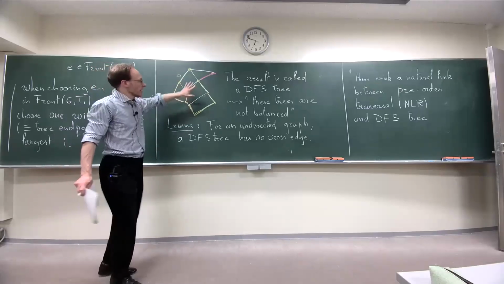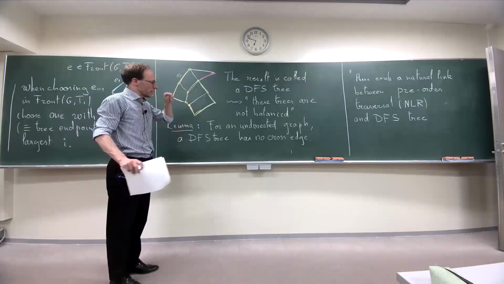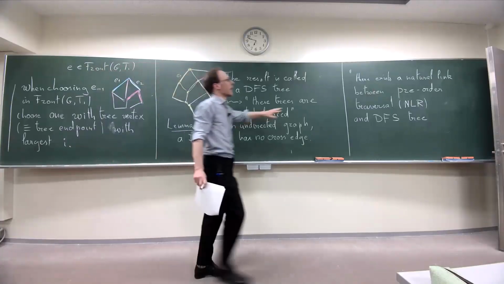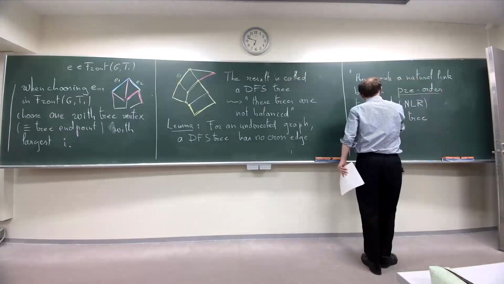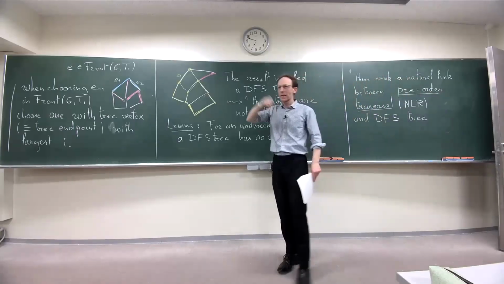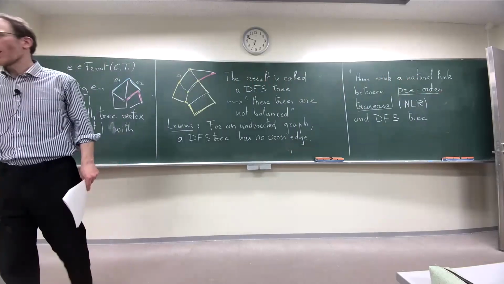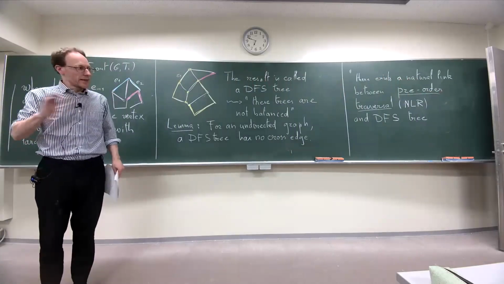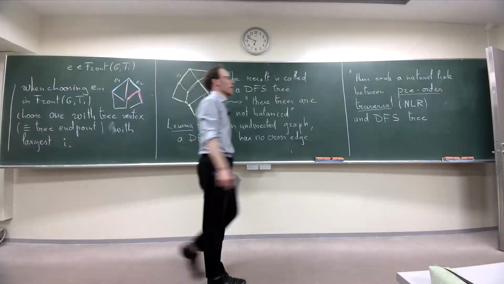Then there is a natural link between the tree you're going to obtain and where you can find these discovery numbers and this pre-order traversal. Remember, a traversal is one way to systematically visit a graph or a tree. And there is a natural link between these 2 things. Again, it's good to remember.